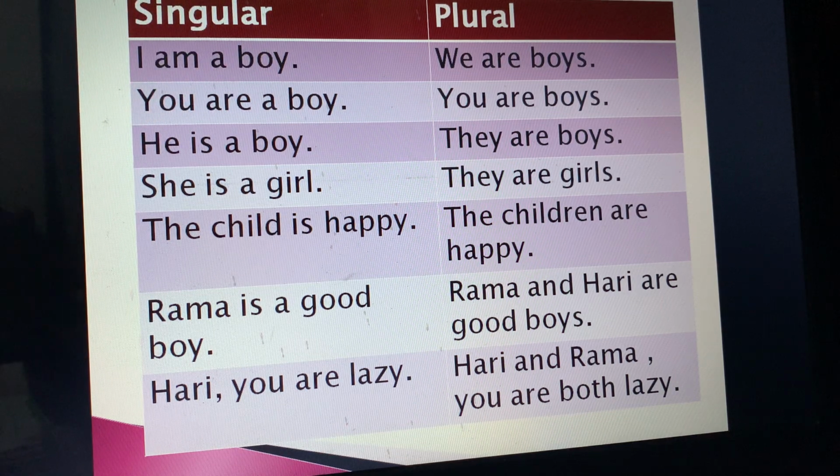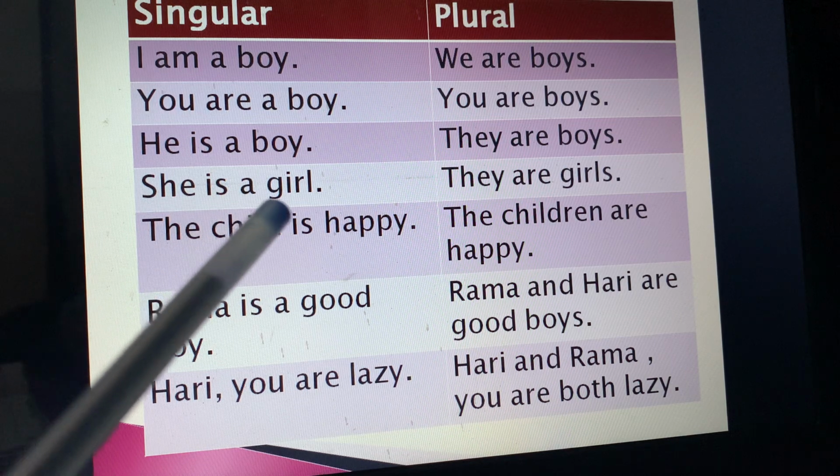I am a boy. I is the singular subject, and it is always used with am. You are a boy. He is a boy. He is a singular subject and is also a singular verb.